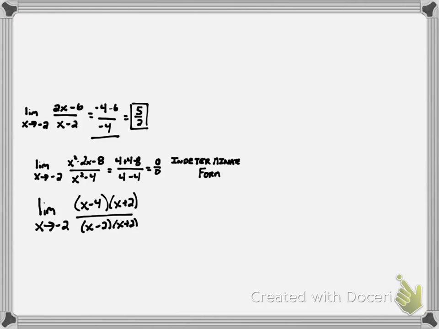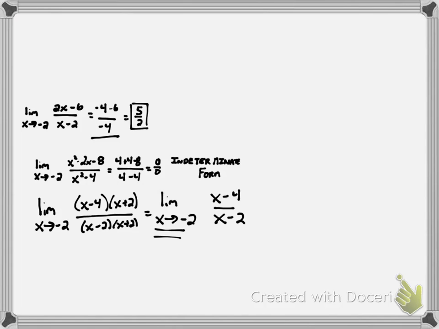When we simplify our function, we're still looking at the limit as x approaches negative 2, but we've divided out the x plus 2, and we're left with x minus 4 over x minus 2.